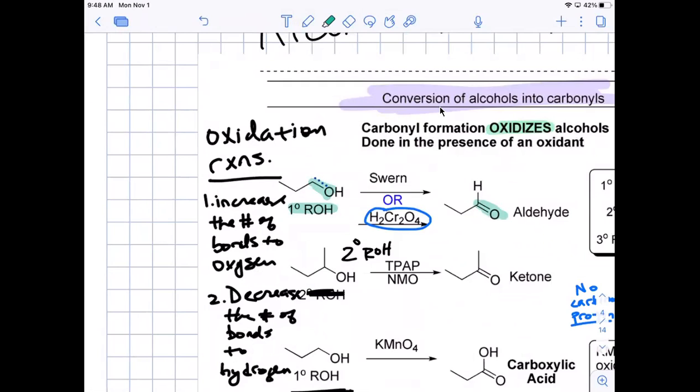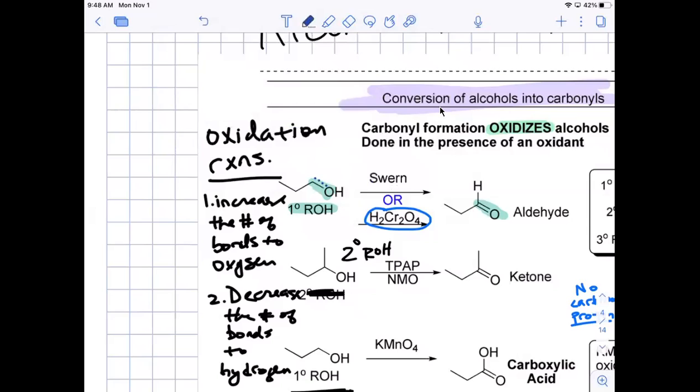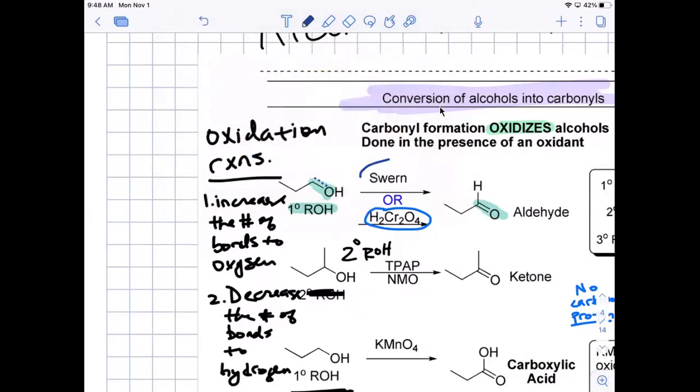Another method for conversion of alcohols to carbonyls is Swern oxidation. All right, I'm gonna make this into a bonus assignment for you to look this up.